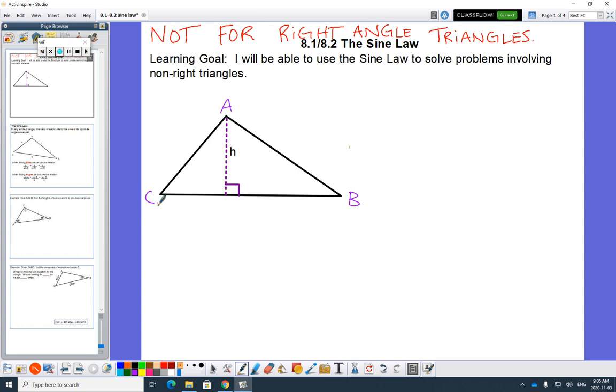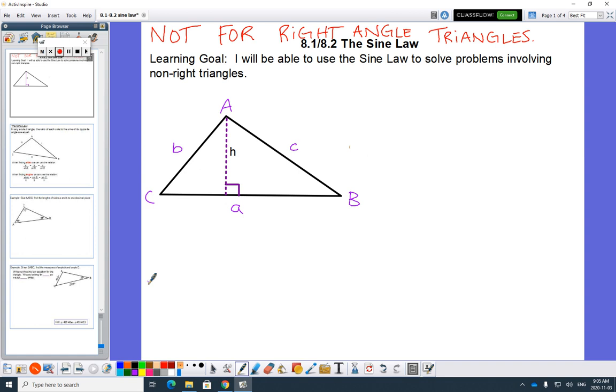So if this is labeled angle A, then across from it down here, that's side A, little a. This is angle C, across from it, little c. This is angle B, across from it is little b.